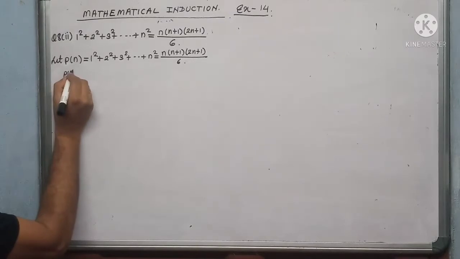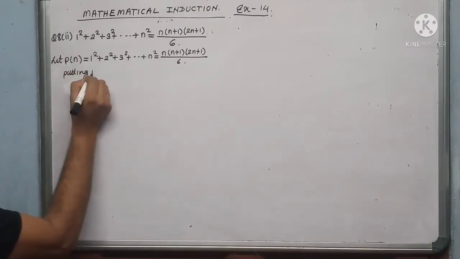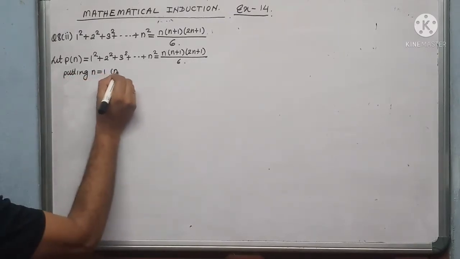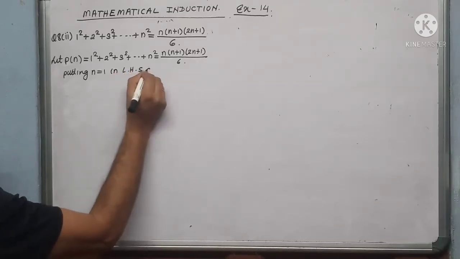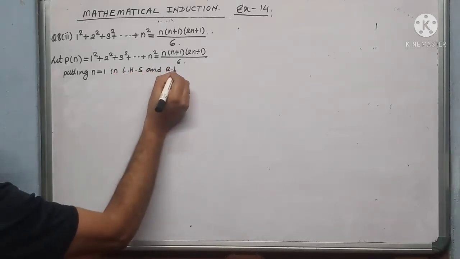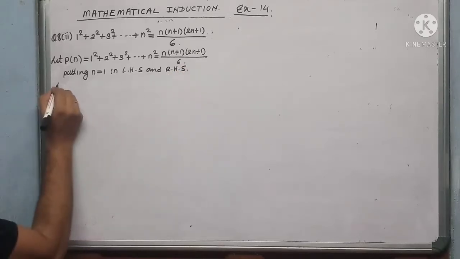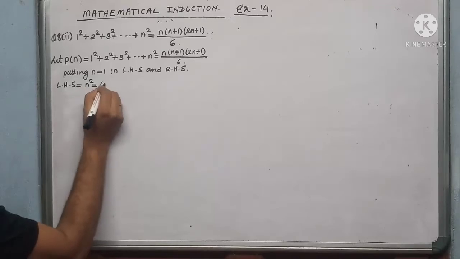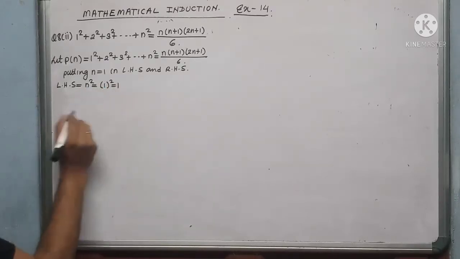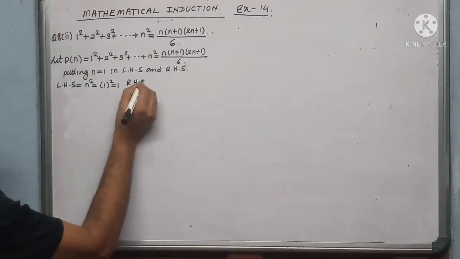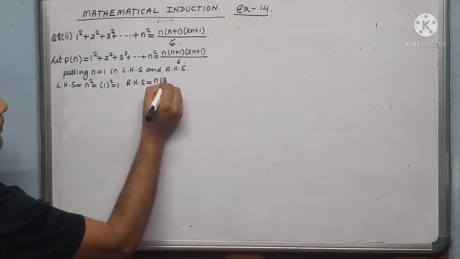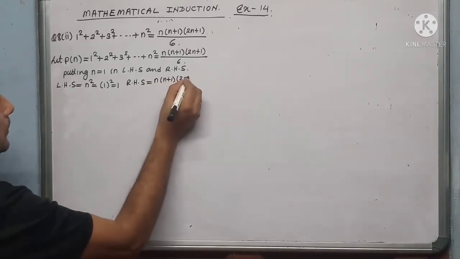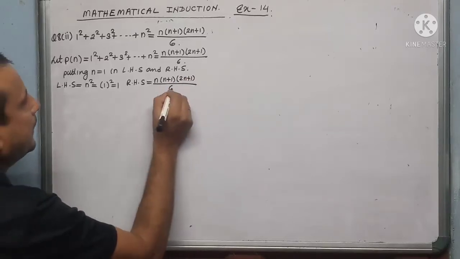Putting n equals 1 in the left hand side and right hand side. The left hand side is n square; I'll put 1 square equals 1. The right hand side is n plus 1 into 2n plus 1 divided by 6.